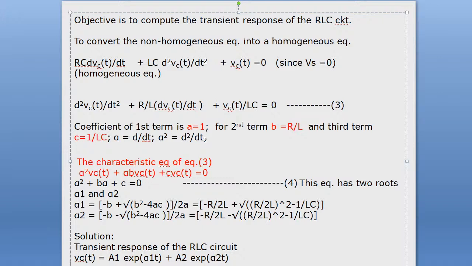Let me repeat this point. The characteristics of the response may vary according to the change of the value of RLC, because alpha 1 and alpha 2 depend on RLC. If you change the value of RLC or the properties of RLC, the characteristics of the response may change. So let us study that part.